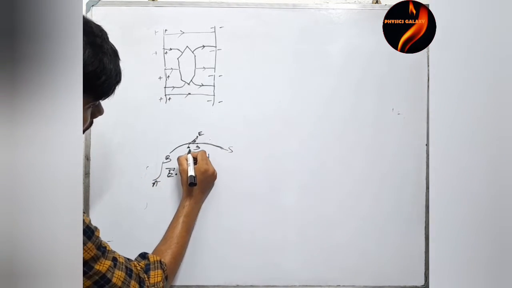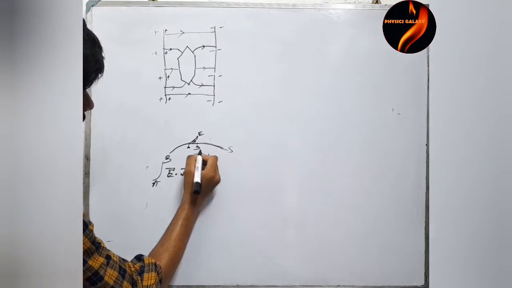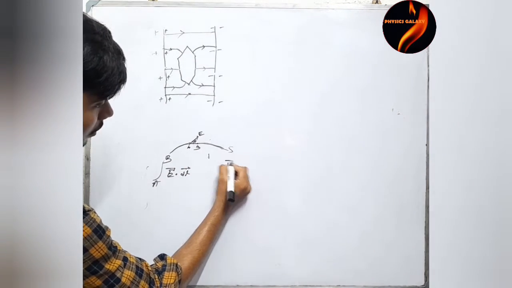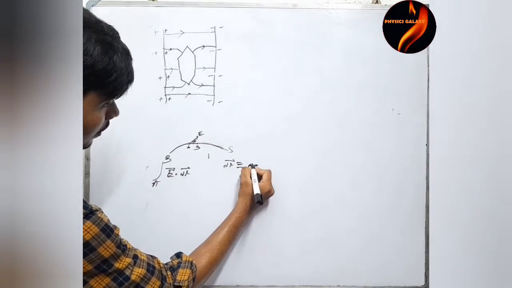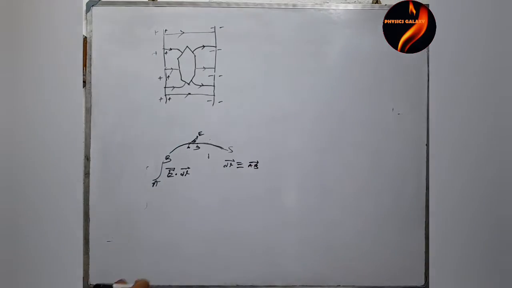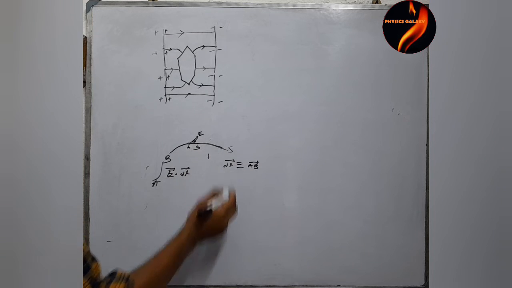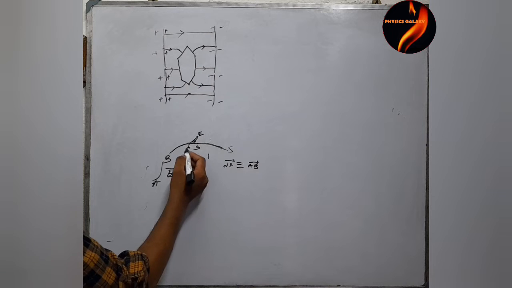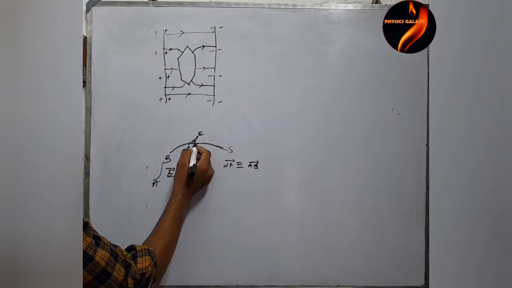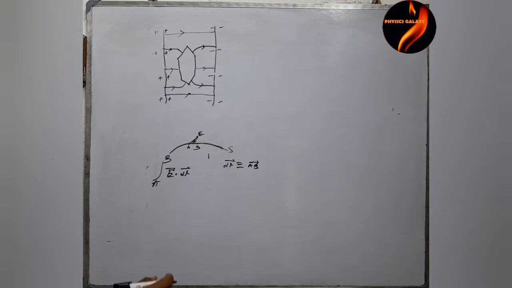Here dl is the length between A and B, meaning dl is equivalent to AB. Again we know that the conductor surface is equipotential. So if we move a charge from one point to another point, we don't have to do any work.